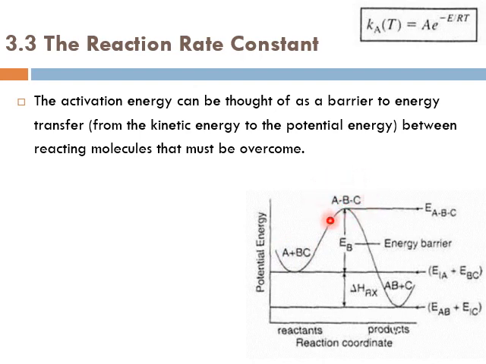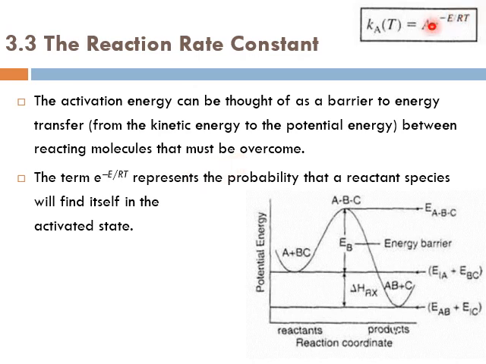Now all of this energy is stored inside, and the difference between the energy here and the energy here is known as the activation energy. So again, the activation energy can be thought of as a barrier to energy transfer from the kinetic energy to the potential energy between reacting molecules that must be overcome.